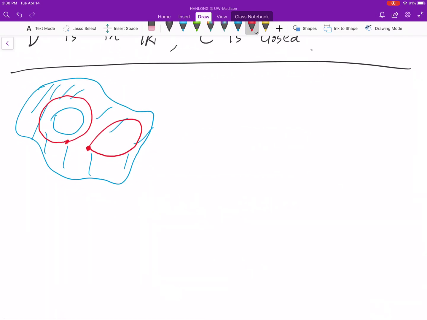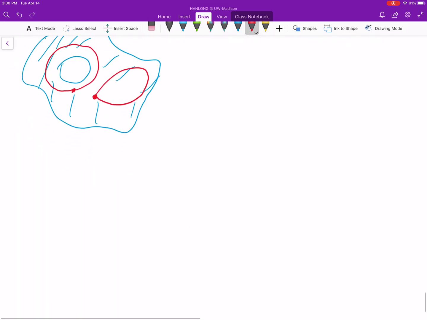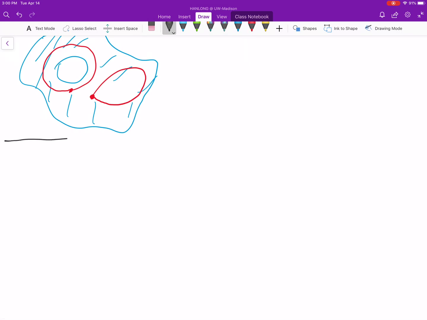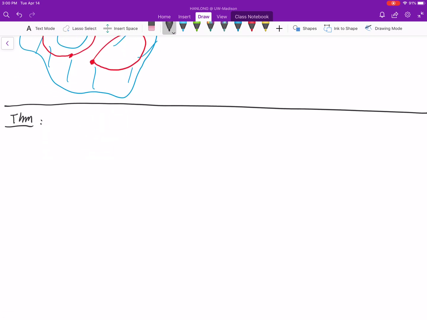So we would like to state Green's Theorem. For the proof, I will either give it at the end of this course or just omit it. I think the most important thing at this stage is to apply the formula.